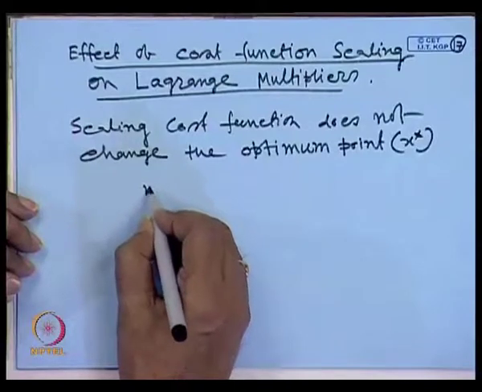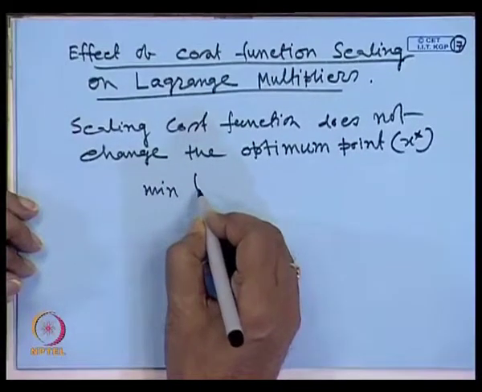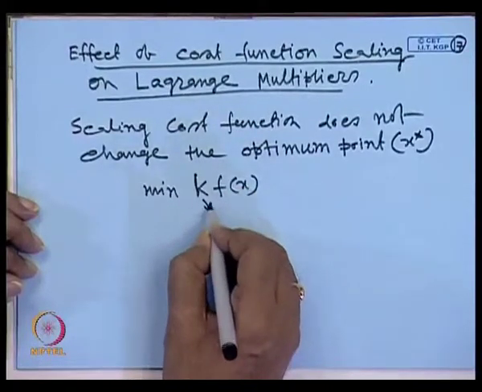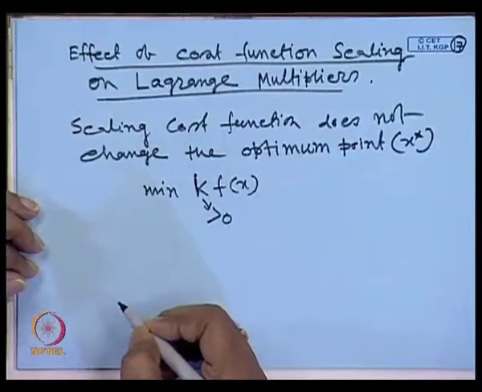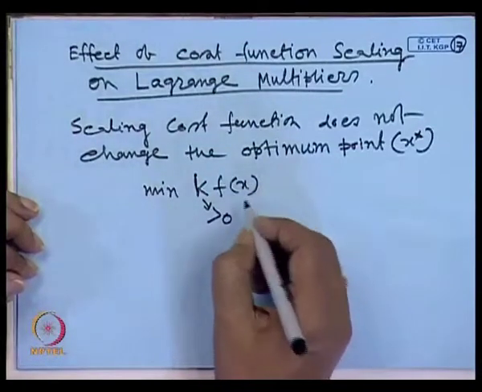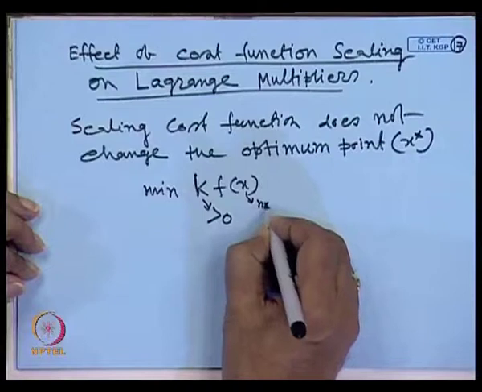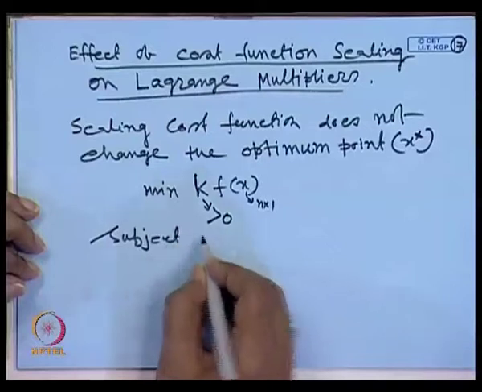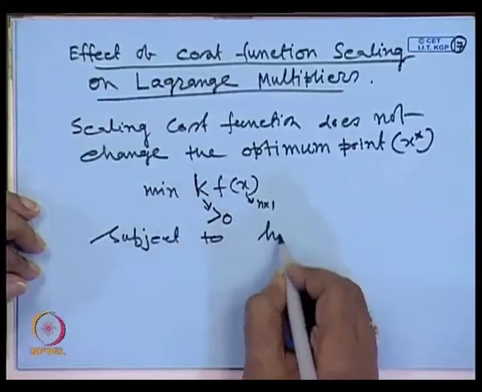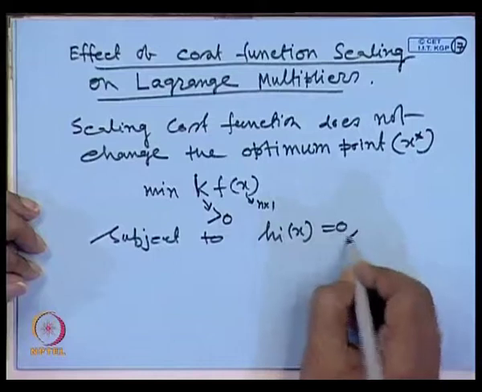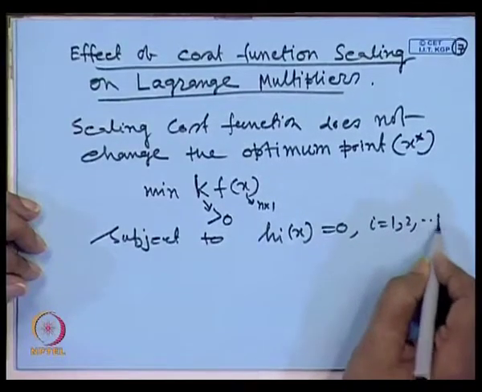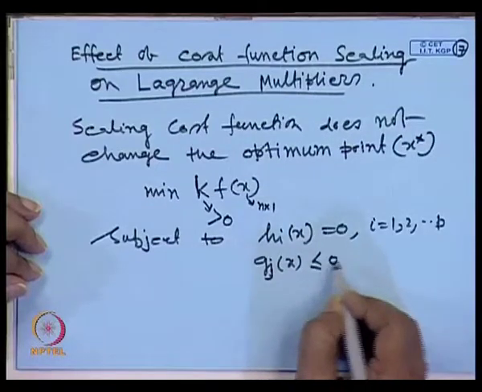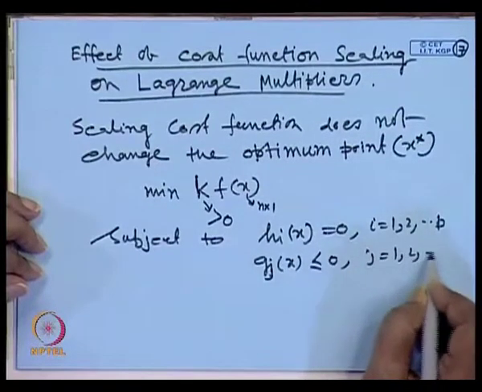Suppose we have a problem: minimize k f of x, where k is greater than 0, a positive quantity, and x has dimension n cross 1, subject to h_i of x equal to 0, i equal to 1 to p, and g_j of x less than or equal to 0, j equal to 1 to m.